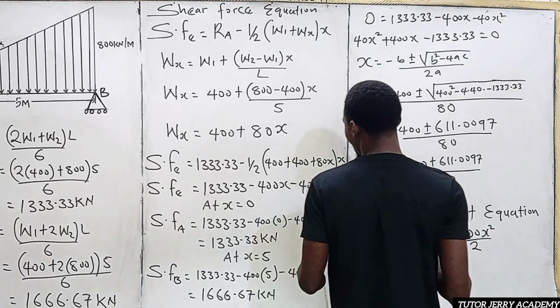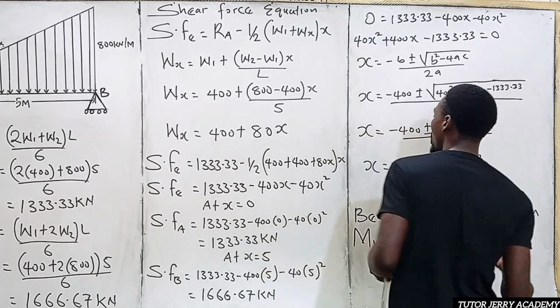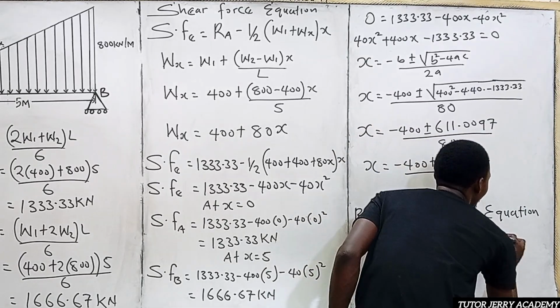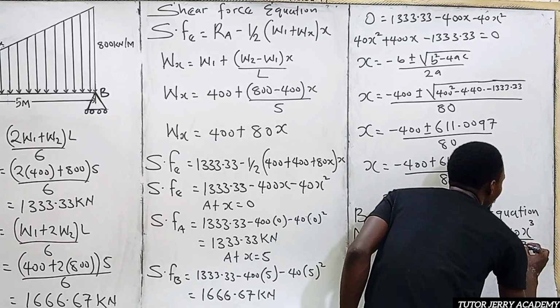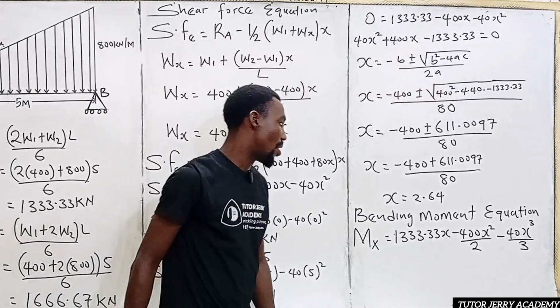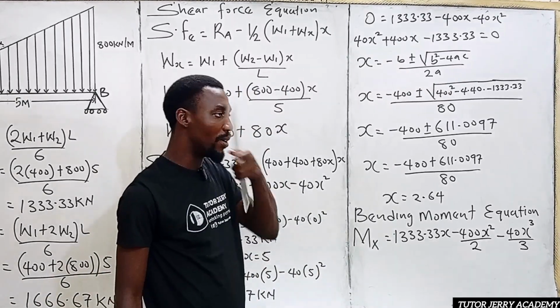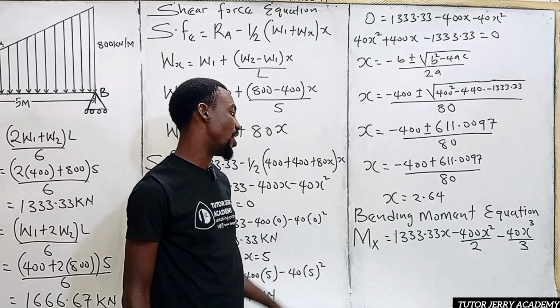Then similarly with what we have here, we are going to multiply this by X all over 3, because this is a uniform varying load. So I'm going to have 40 S cubed all over 3. So that's what we are going to have. This will be our bending moment equation.